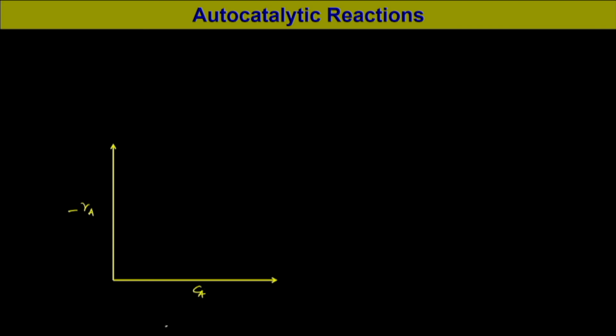Initially, the reaction starts at a high concentration, starts with Ca naught, and the reaction rate increases progressively and then it decreases.